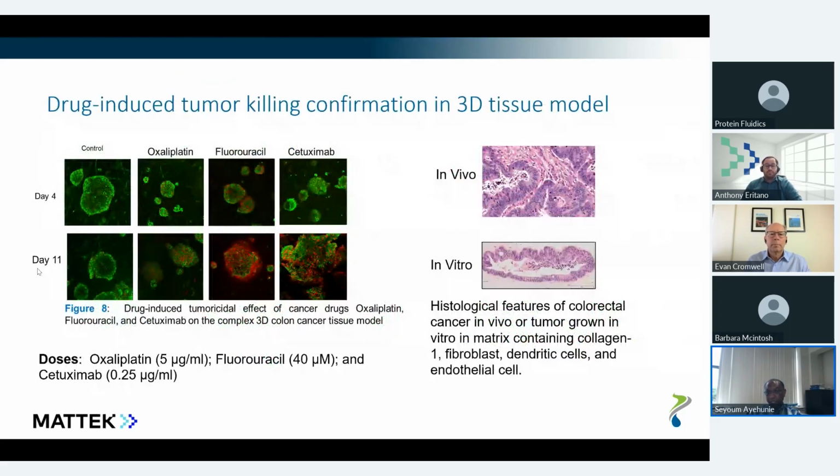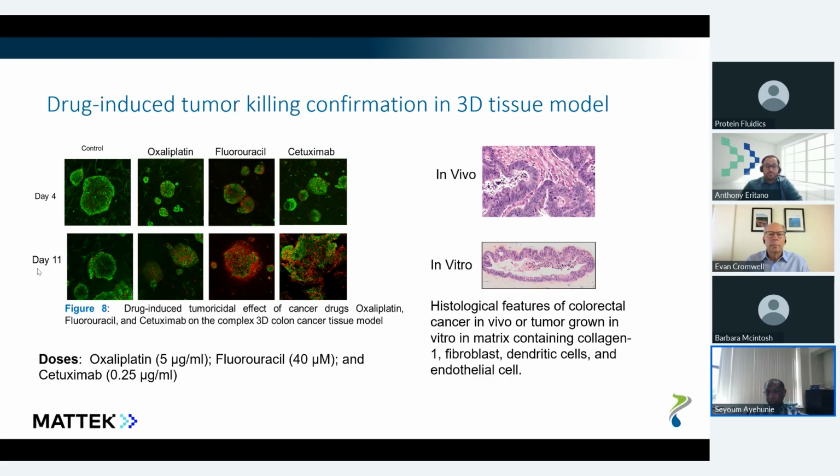So what we did here was we took the tumoroids and put them into a microenvironment where matrigel, collagen, and fibroblasts, endothelial cells, and dendritic cells are present. So we recreate the tumor microenvironment. And as you can see, the histological structure between the in vivo and the in vitro are very similar. And then we look at the drugs, dosing the drugs at different time points.